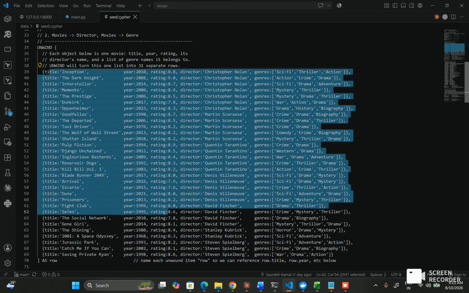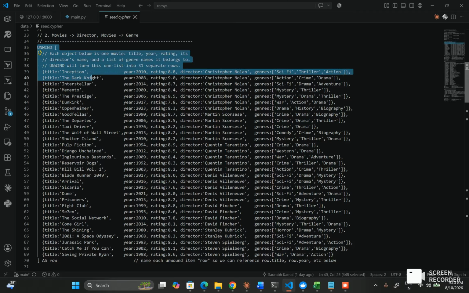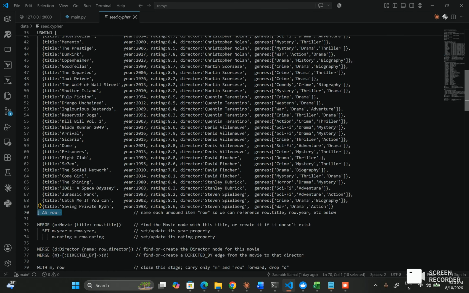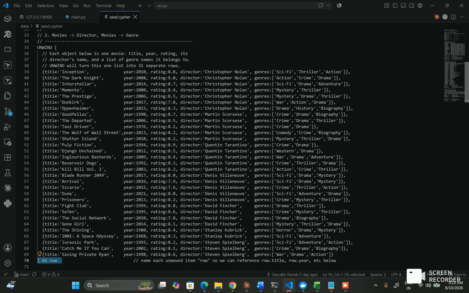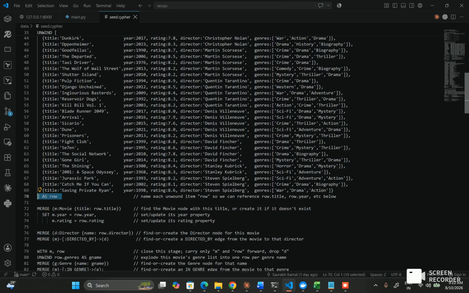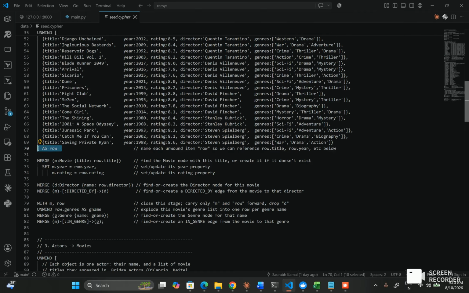Now this UNWIND, over here till here, turns a list into individual rows. This block with the real 31 movie list is how the entire catalog got created in one statement instead of 31 separate ones.